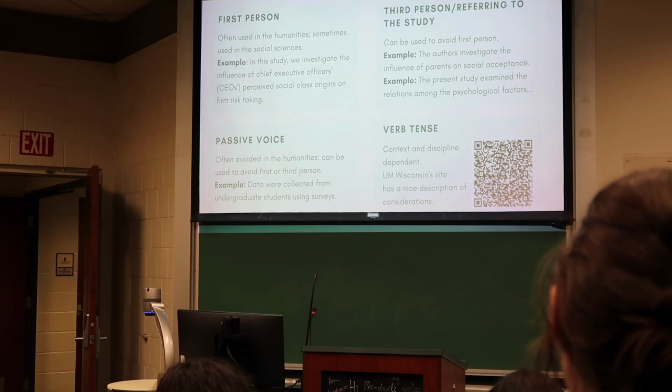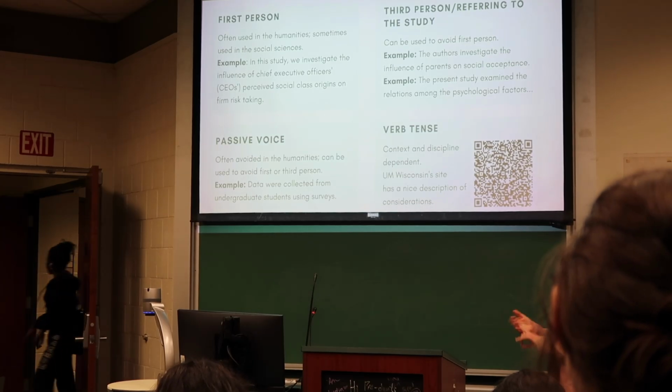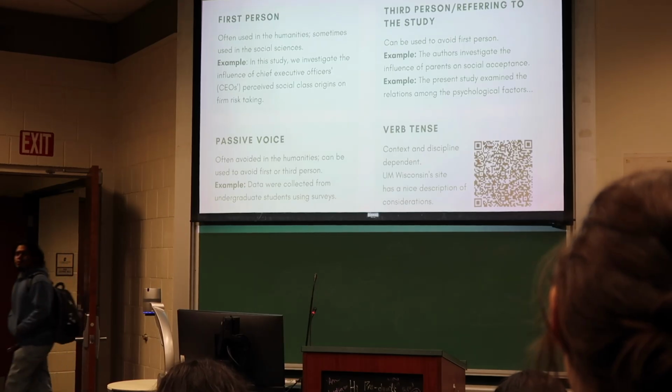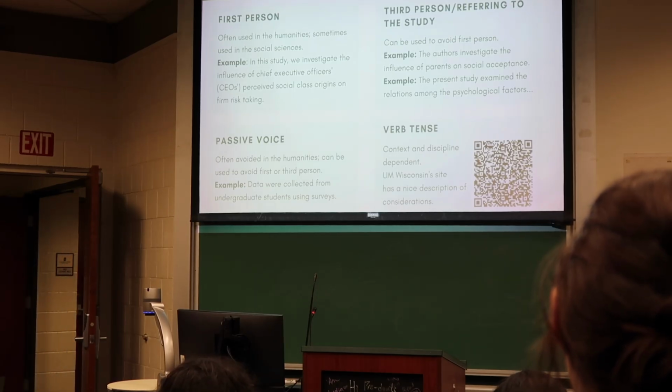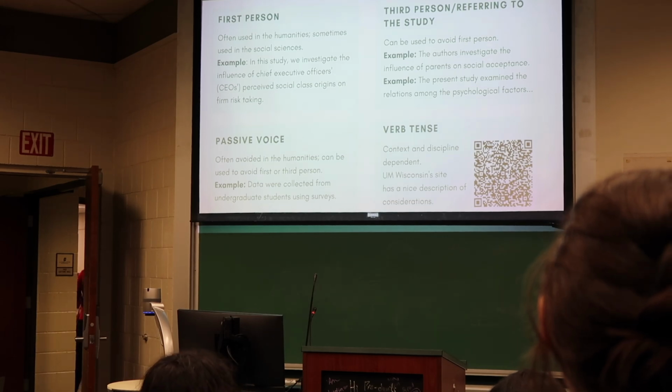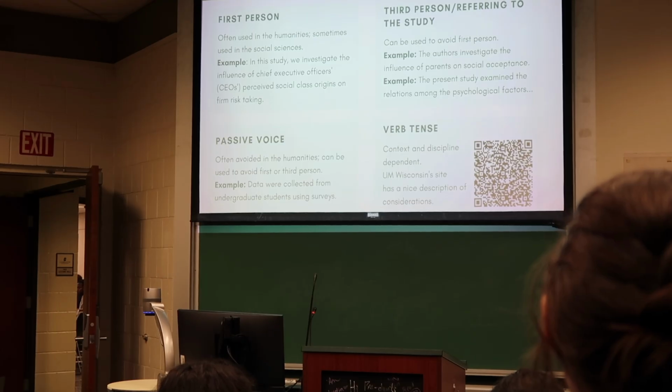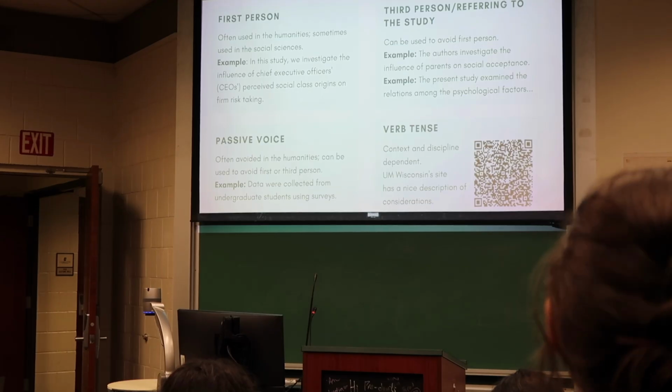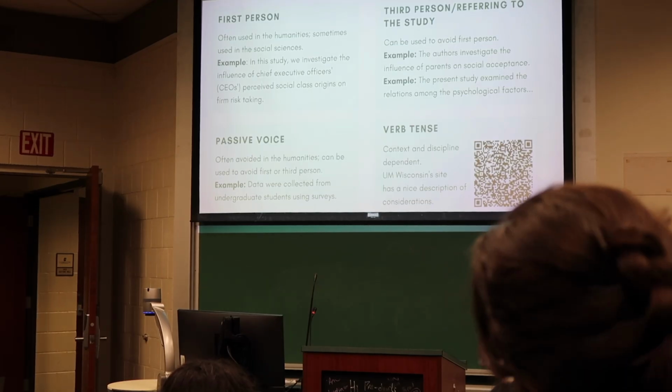If you are not allowed to use first person, you can do this by using third person or passive voice. So third person is where you refer to yourself in the third person. Like instead of saying I, I'd say Katie or the presenter. That's how I would refer to myself in the third person. This can be used to avoid first person.